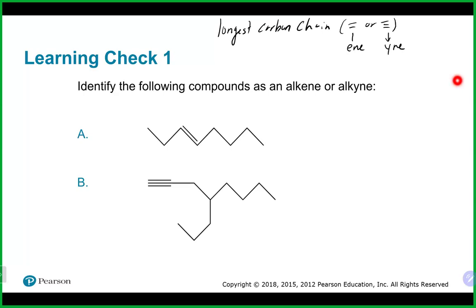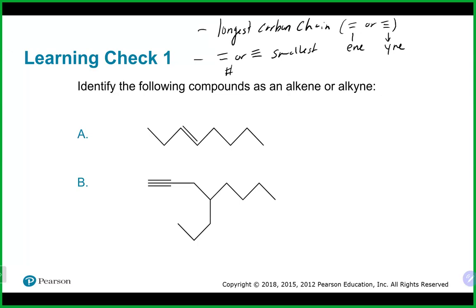Now, also a little bit different than alkanes is when you have a double bond or triple bond, it actually does take the priority, and it takes the priority in terms of numbering. So before we were numbering to give all the groups the smallest numbers. Here, when we have a double bond or a triple bond, we need to give the double bond or the triple bond the smallest number.